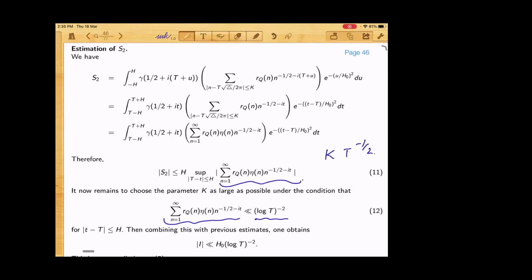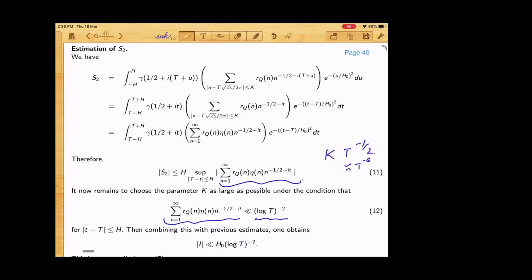Okay. And if we want to make it as small as t to the power minus epsilon, then our choice of k is less than t to the power half, which makes our h bigger than t to the power half. So in the earlier results, this was the barrier.